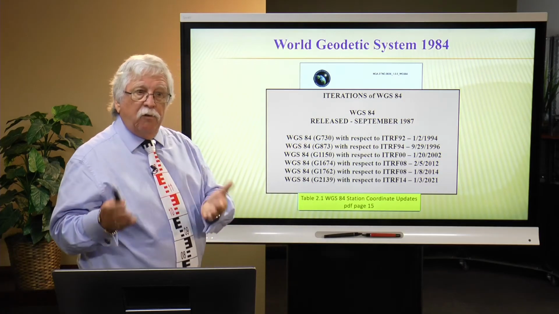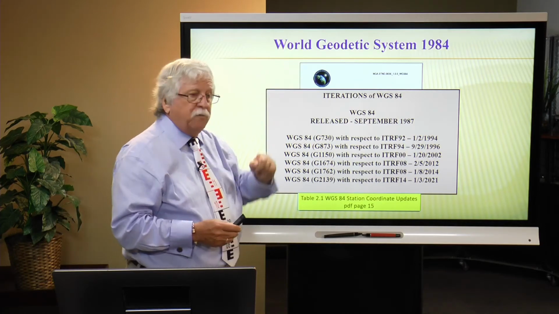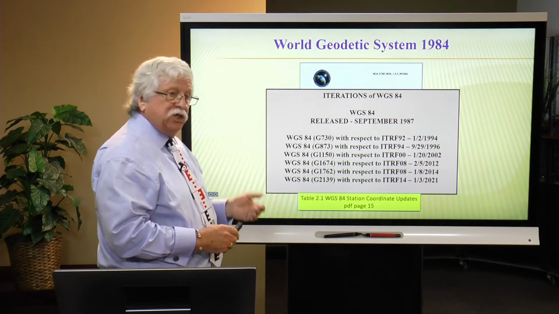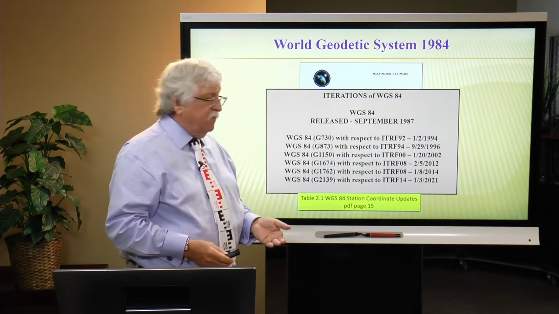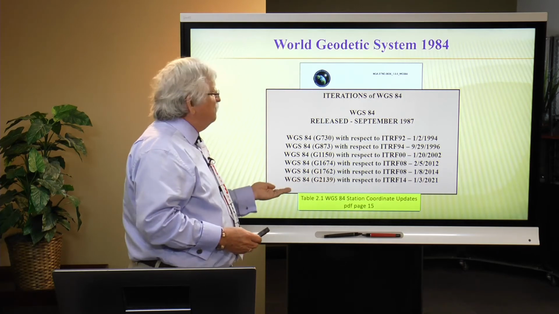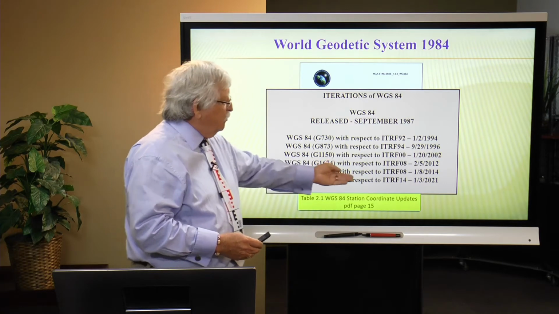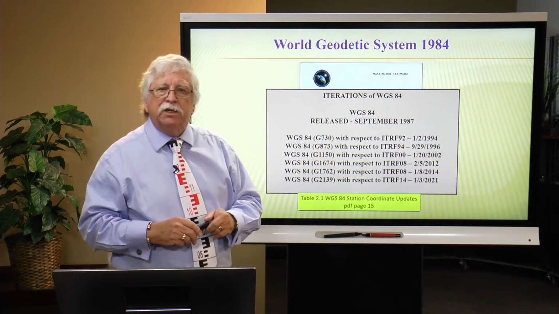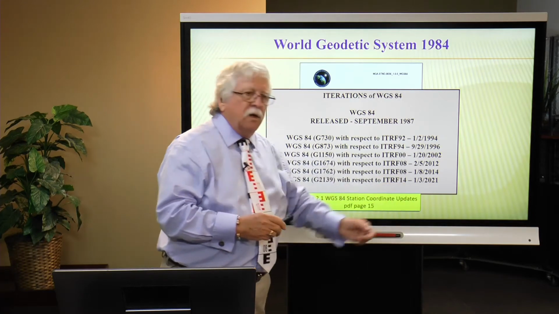The most current is not listed in this publication because the publication dates back to 2014, but just earlier this year, January of 2021, the US Defense Department released a new realization, WGS84 G2139, with respect to the most current realization of the International Terrestrial Reference Frame, which is ITRF 14.